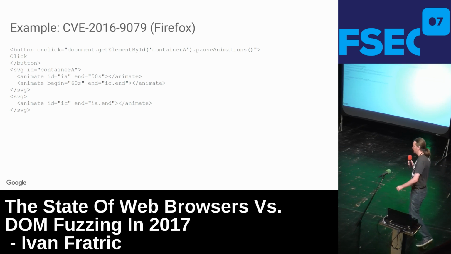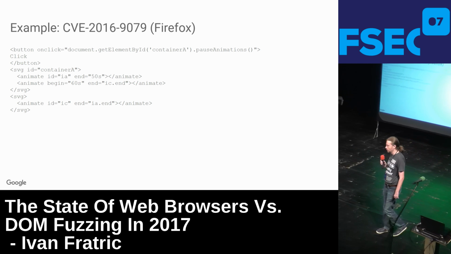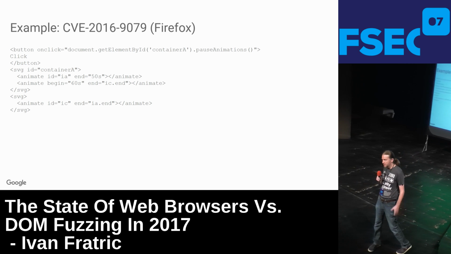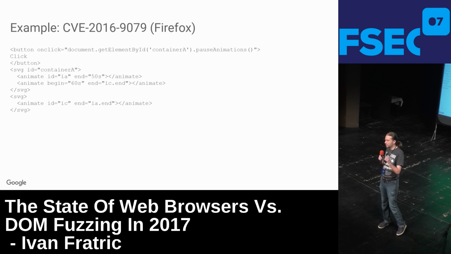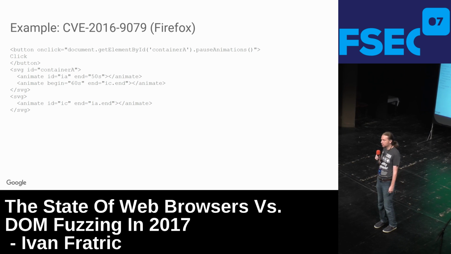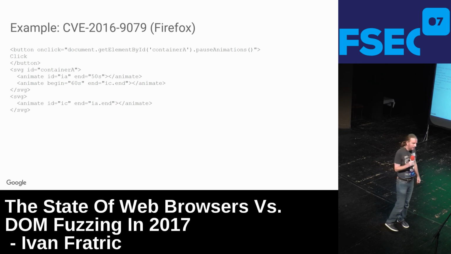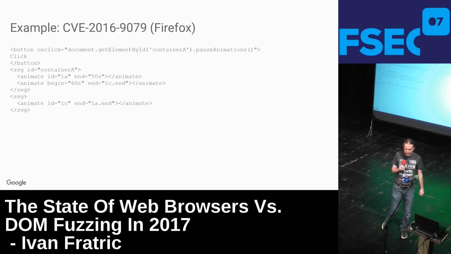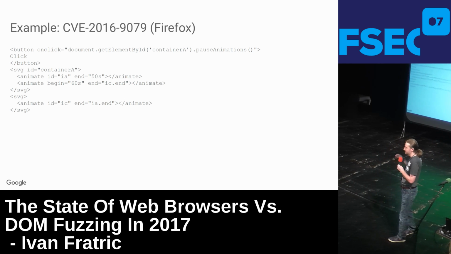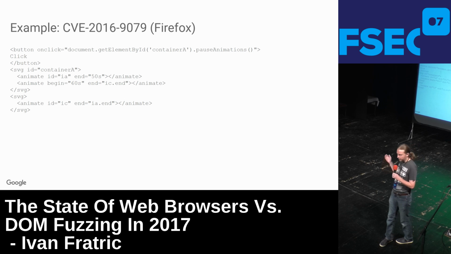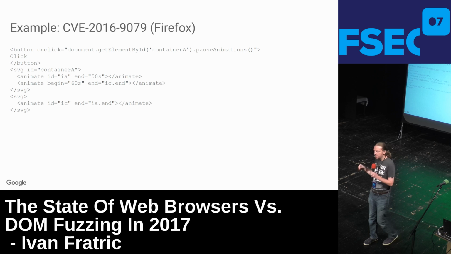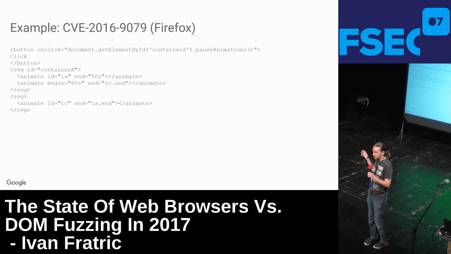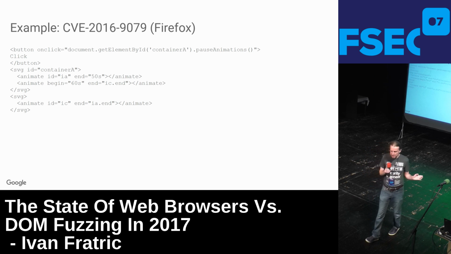Right, so what do these DOM vulnerabilities actually look like? Here I have a small example, which is code that triggers the bug that was used against Tor browser users. We won't be going into the details of the vulnerability here, but what I want to draw your attention to is the general structure of the sample that triggers the bug. As you can see here, we have a snippet of HTML code.